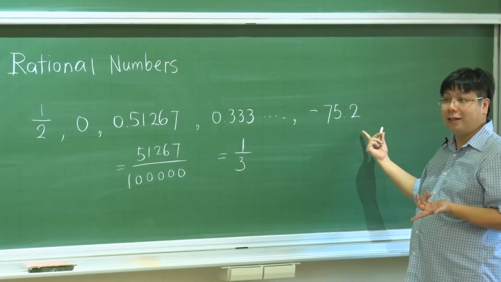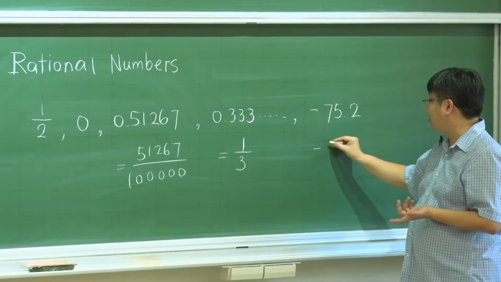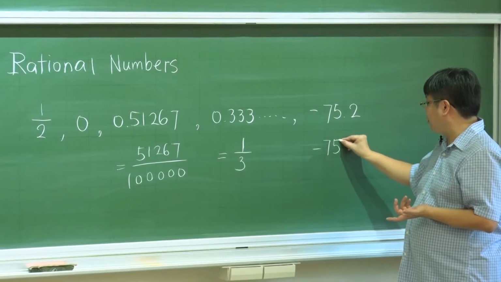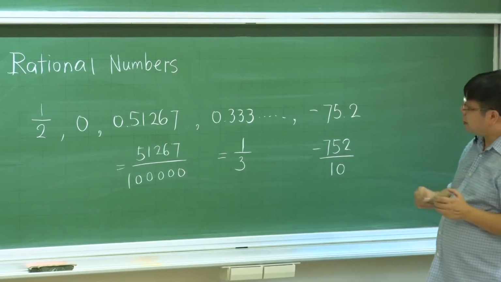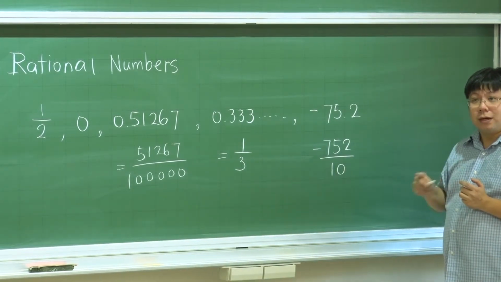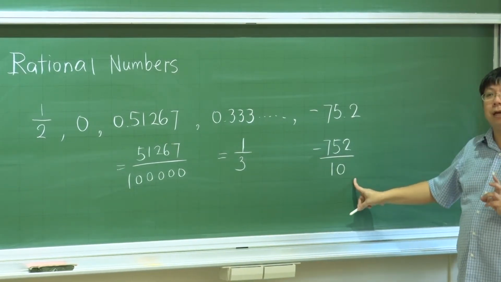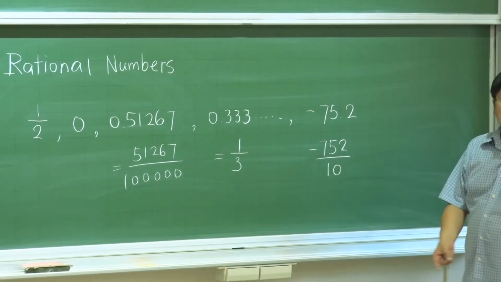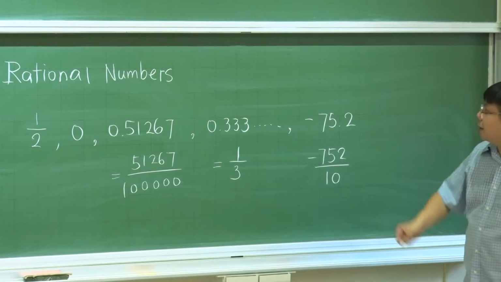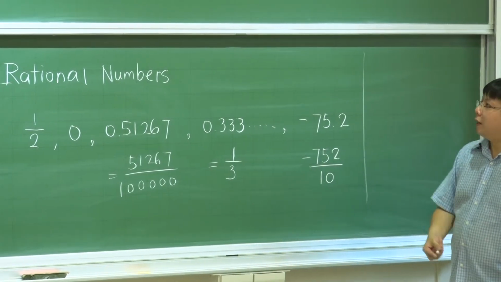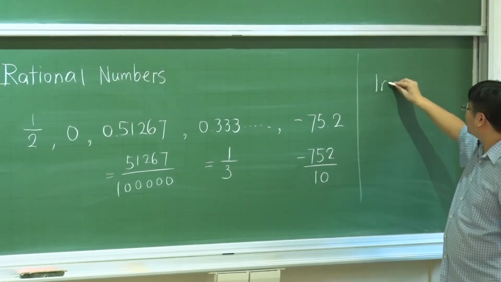It's just like minus 752 divided by 10. As long as it is a ratio of two integers, the bottom part cannot be 0, of course. If it is a ratio between two integers, then it is a rational number. Otherwise, a number is called irrational.